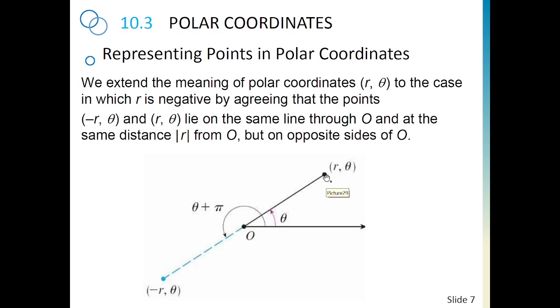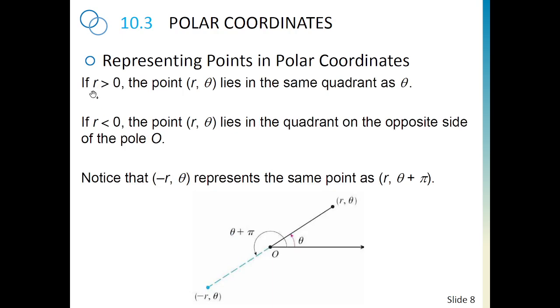If I use minus r, I have a reflection through the origin, and I'm here. So essentially this is another point. Now I can represent this point with a negative r, and we will see how it works. But it is interesting to realize that we can actually put a minus in front of r. Obviously the angle can be positive and negative too, right? We will see how these things work. It's very interesting.